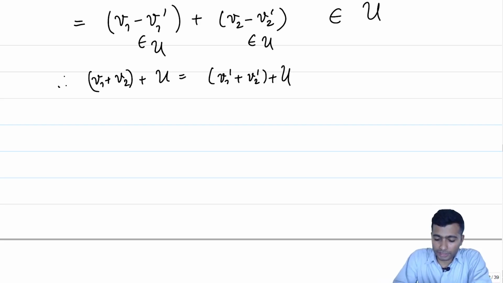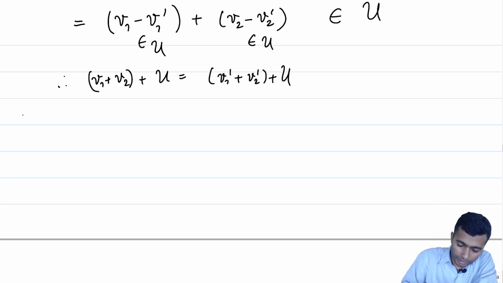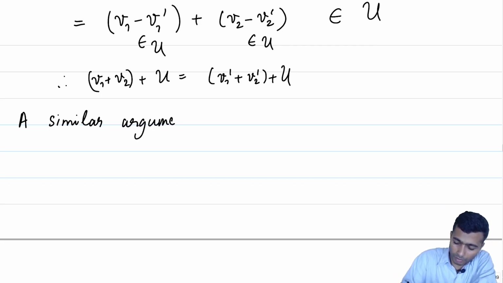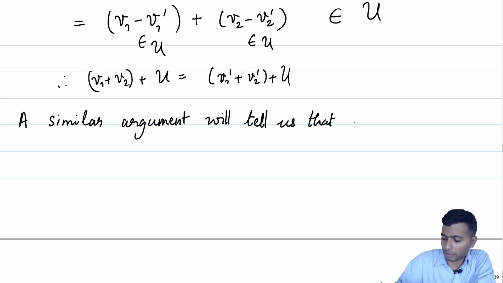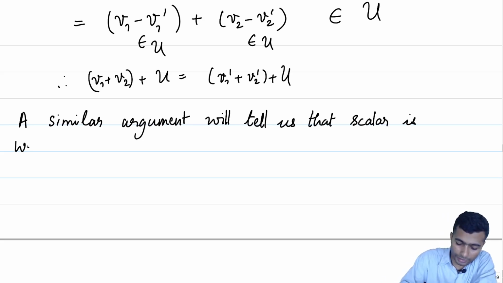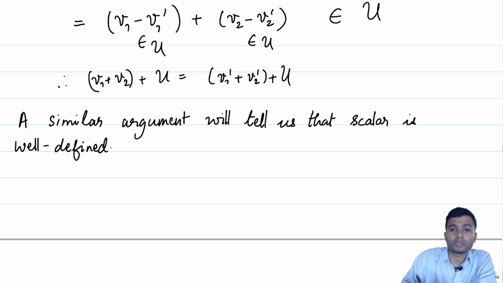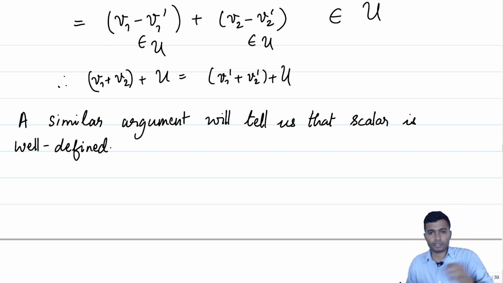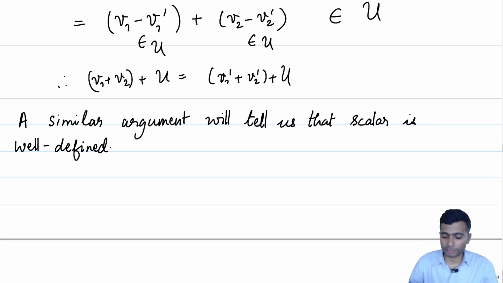Well, it is a vector addition, and a similar argument, let me just write it and leave it as an exercise for you, will tell us that scalar multiplication is well defined, that it does not depend on the choice of the vector small v with respect to which the affine subset is being described.